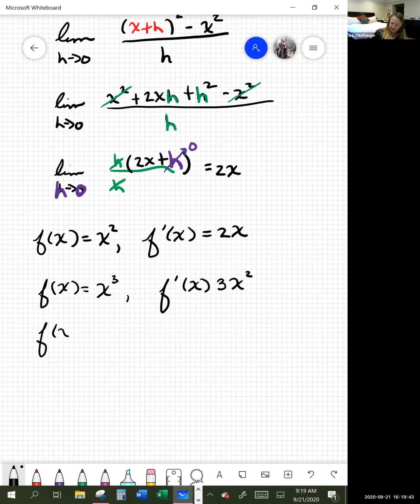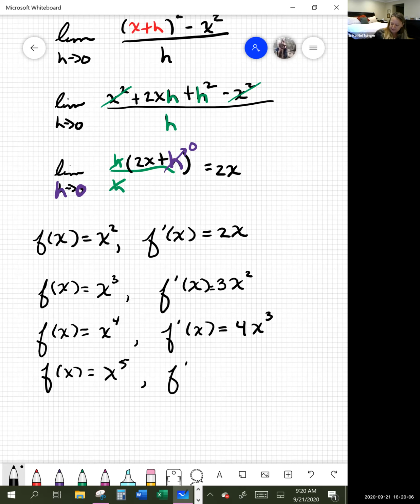If you had done all that work for x to the 4th, you would have found f prime of x is 4x cubed. If f of x was x to the 5th, you would have found that f prime of x is 5x to the 4th.